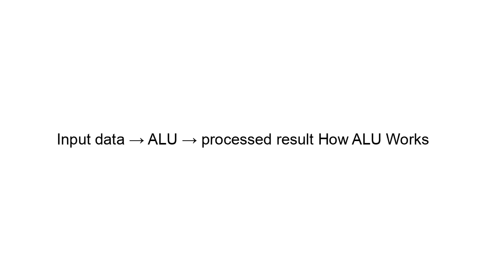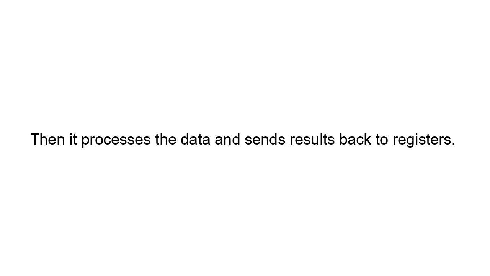Example concept: input data, ALU, processed result. How ALU works. The ALU receives data from registers and instructions from the control unit. Then it processes the data and sends results back to registers.